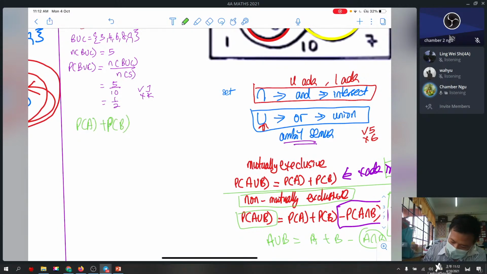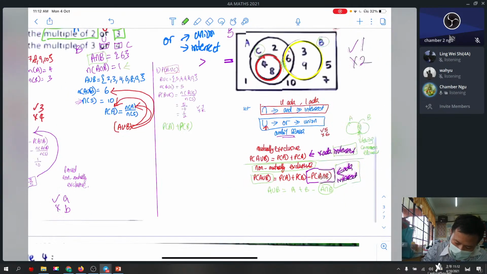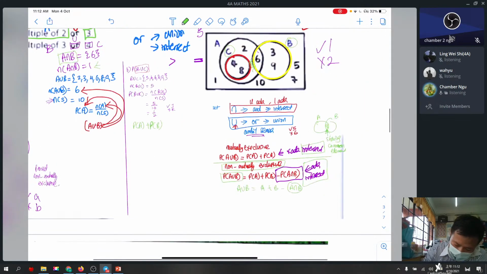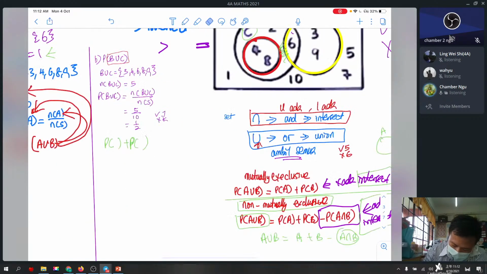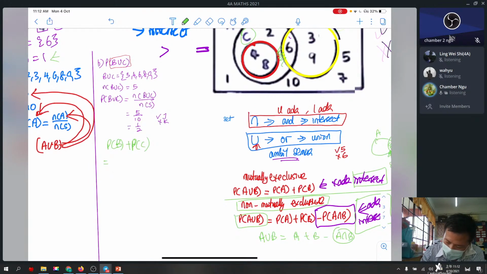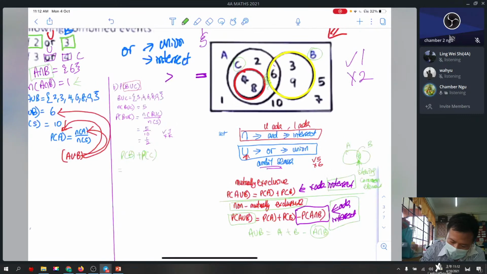Like this one, but now we are looking for B and C. The probability that we get B: the number of elements in B is 3, 6, 9, so we have 3 over 10, plus the probability for set C, which has 2 elements, out of 10 altogether. So we get 5 over 10.